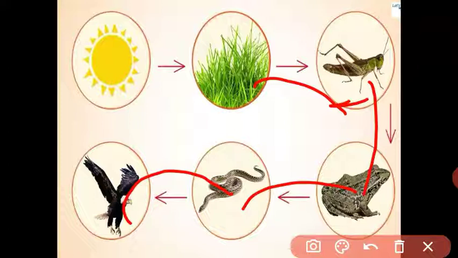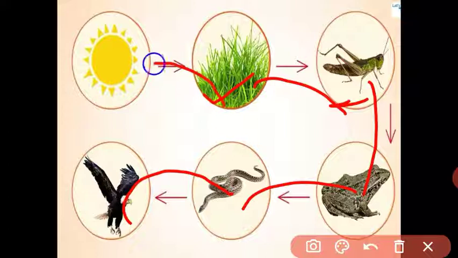In this chain, the grass is a producer. Why? Because the grass obtains energy from the sun to produce its own food, and all the other living organisms feed on each other. The grasshopper, frog, snake and eagle are consumers.